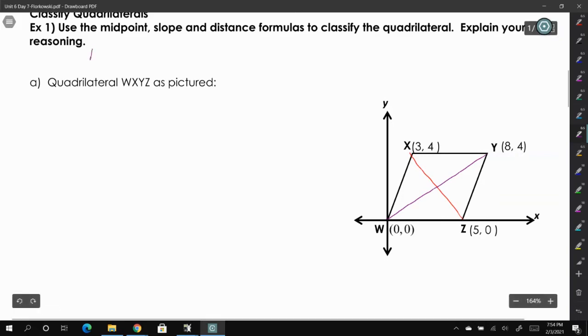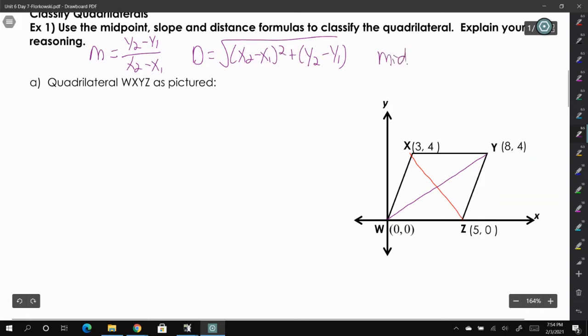Real quick, I'm going to write my formulas up here in case I forget them. I won't write them down for each step, for each problem, but I'll just write them once up here so that we can refer back to them as needed.